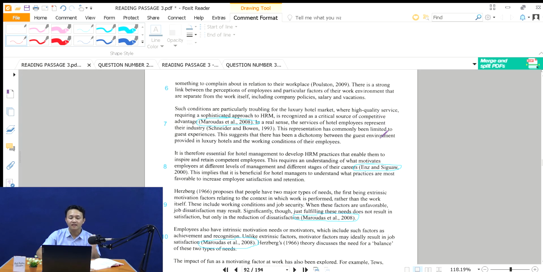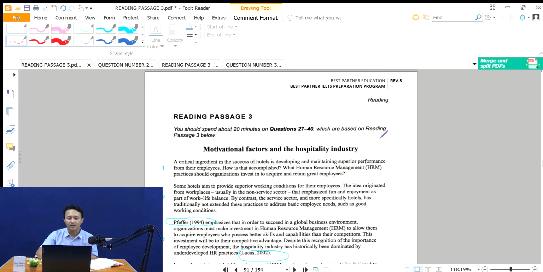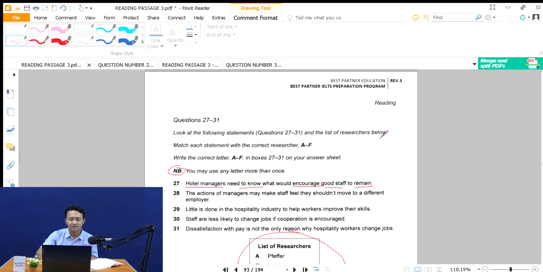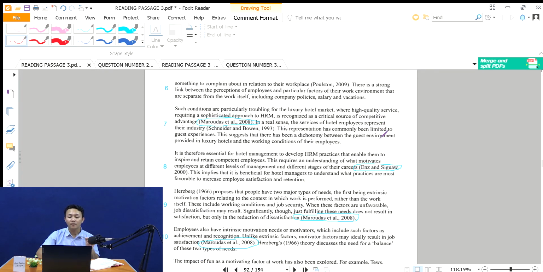If you read the text very carefully, you will find the keywords in paragraph 8. You will find hotel managers, to know, in the question, and then what practices are most favorable to increase employee satisfaction and then retention.